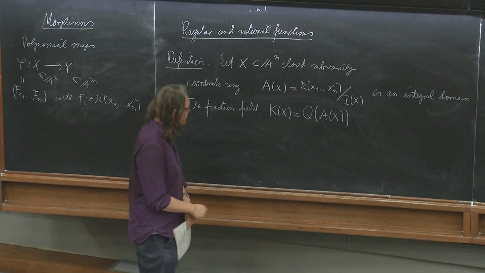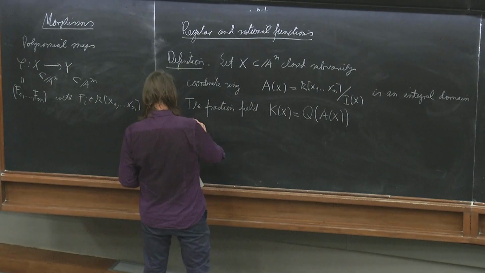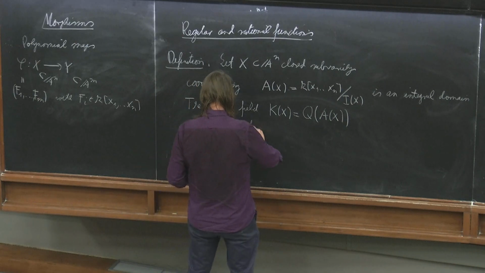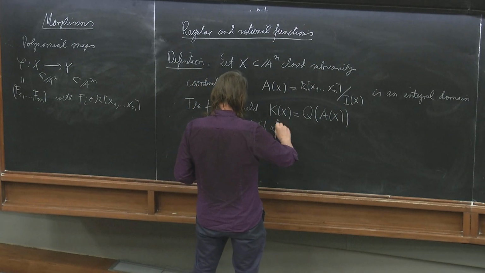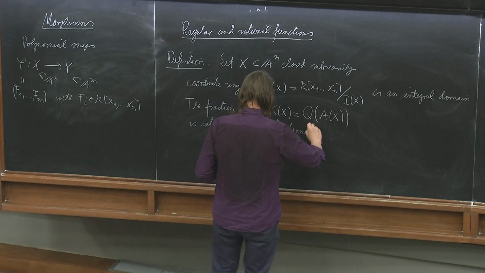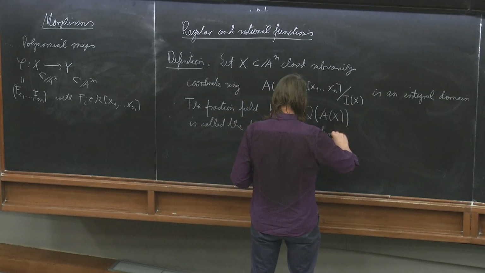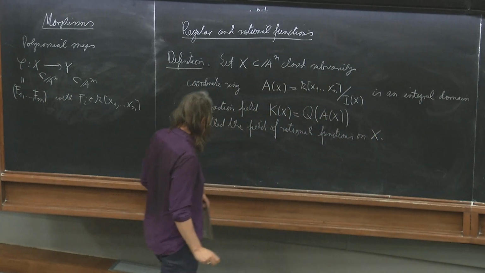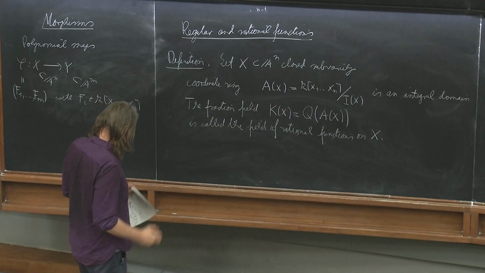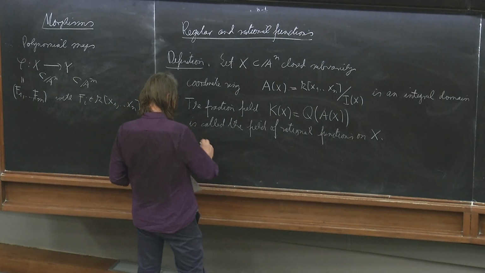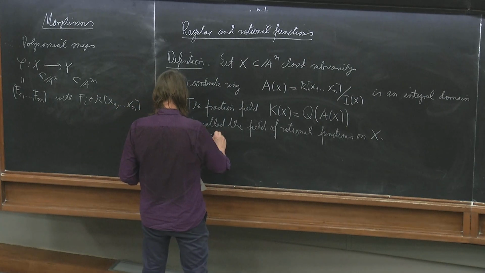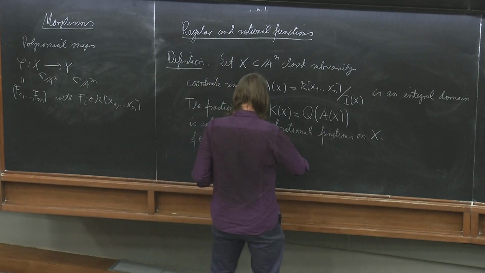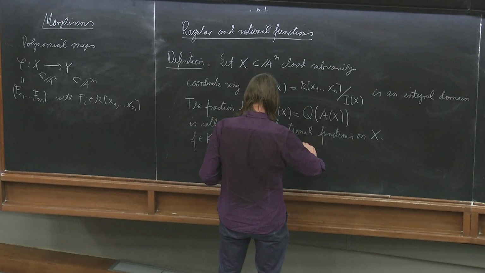It is called the field of rational functions on X. An element in K(X) is called a rational function on X.